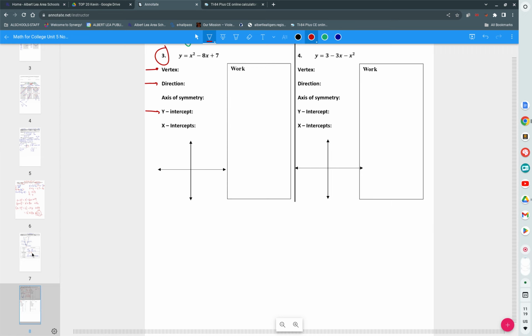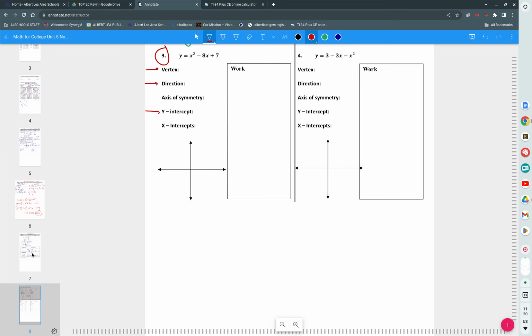Let's equate it to vertex. Negative b divided by 2a. Negative b is going to be positive 8, divided by twice the a value.